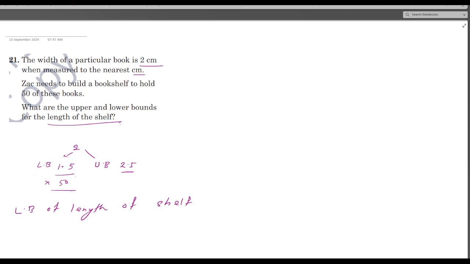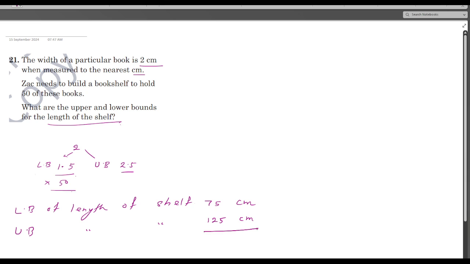So your lower bound is 75, and 2.5 multiplied by 50 gives you 125. So your lower bound is 75 centimeters, and the upper bound of the length of the shelf will be 125 centimeters.